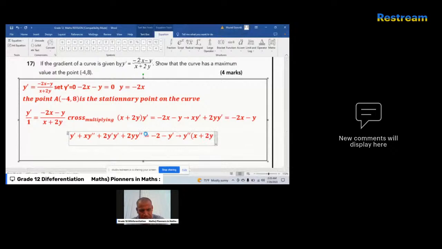I will close this parenthesis. You see now this one y dash, and this one 2y dash squared.